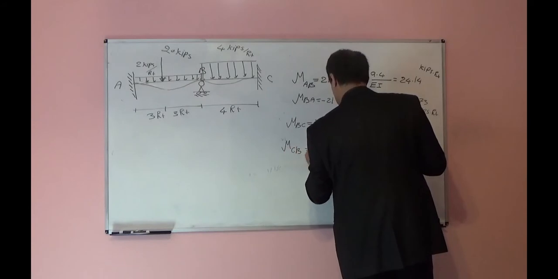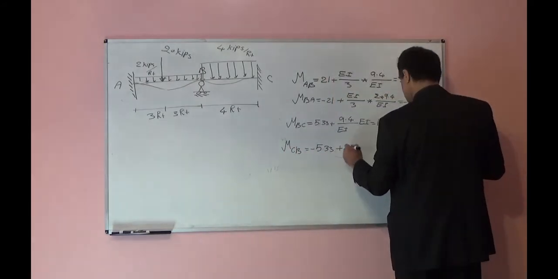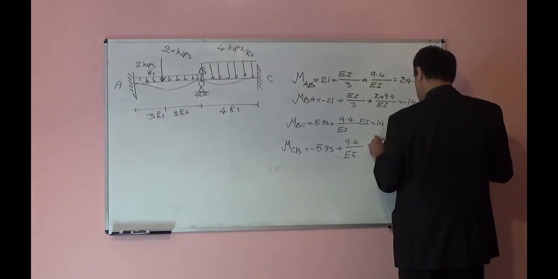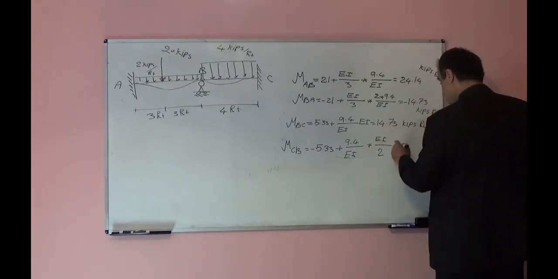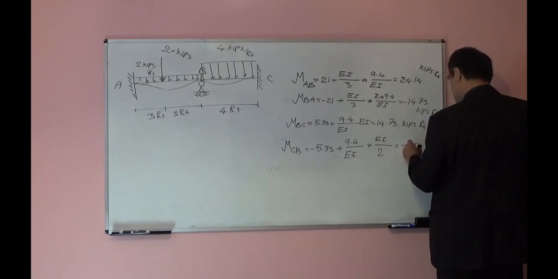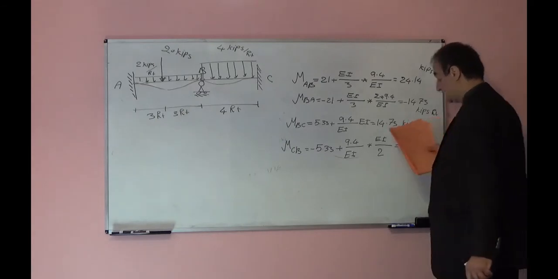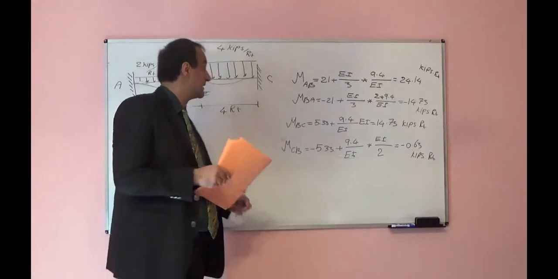MCB will be minus 5.33 plus 9.4 over EI times EI over 2. That will be equal to negative 0.63 kips feet. So I found all reactions, the moment reactions.